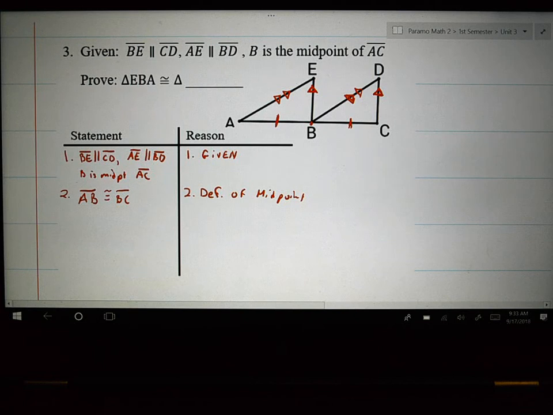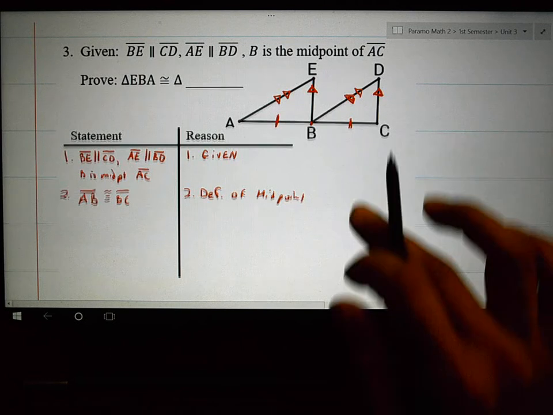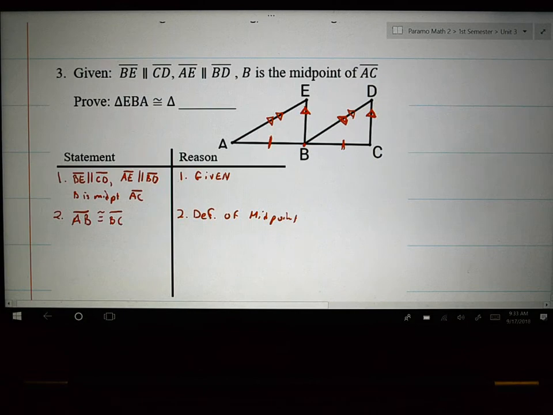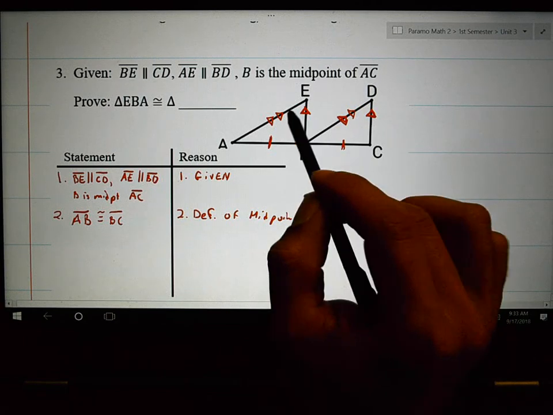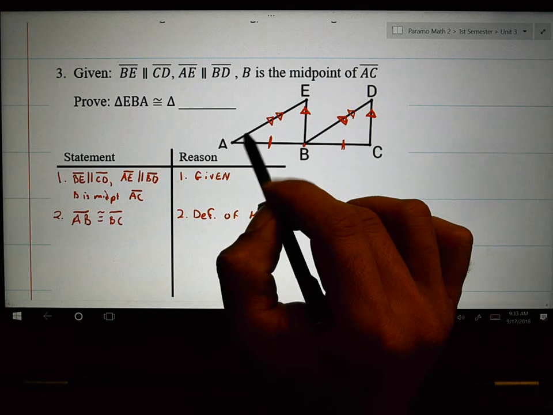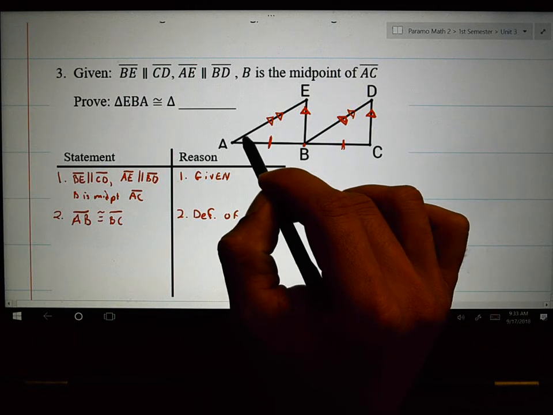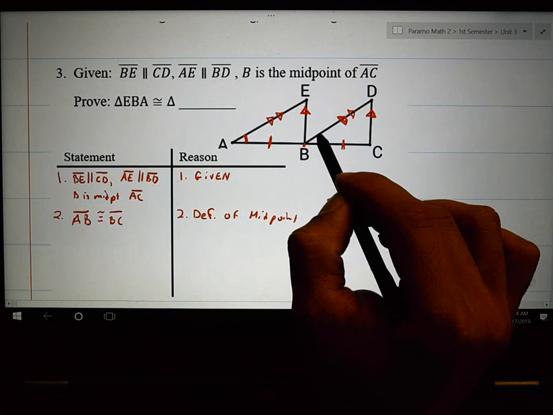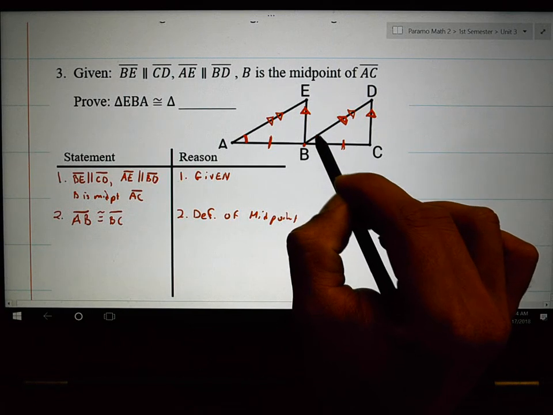Now what you need is a couple of angles. And I'm hoping you can start looking at some of these things that we wrote down here to find out which angles are congruent to each other. So if I see, let's see, this one is parallel to this one, and I know this angle here, angle A, has to be congruent to this angle, BDC.